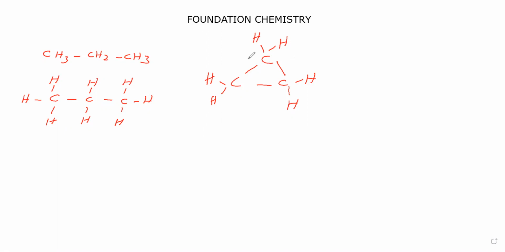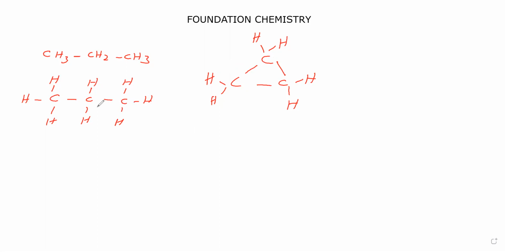Now what is the difference between these two? Of course molecular formula is different, but how the arrangement of 3 carbon atoms are there, you see. Here 3 carbon atoms present like this. Here 3 carbon atoms present as a what? So here 3 carbon atoms are bonding such that it makes a closed chain. It makes an open chain.